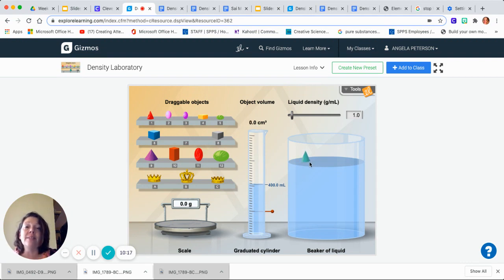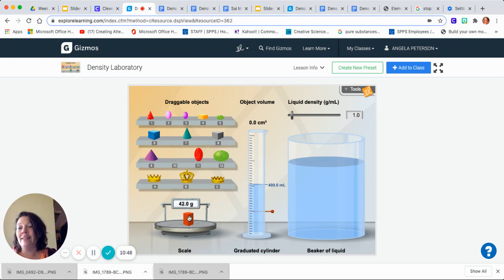And item 7 floats. Item 8 has a mass of 24 grams, has a volume of 26 centimeters cubed, and floats. Item 9 has a mass of 99 grams, has a volume of 44 centimeters cubed, and sinks.